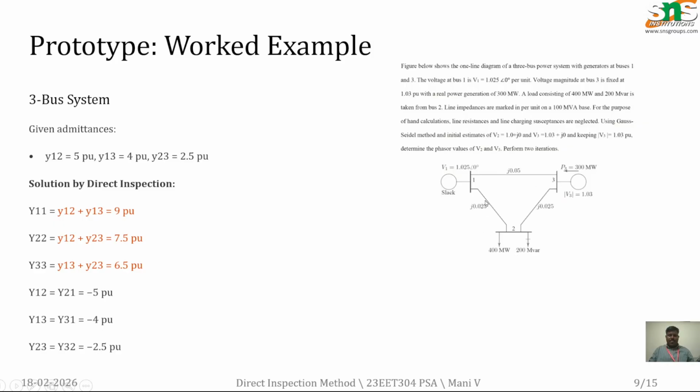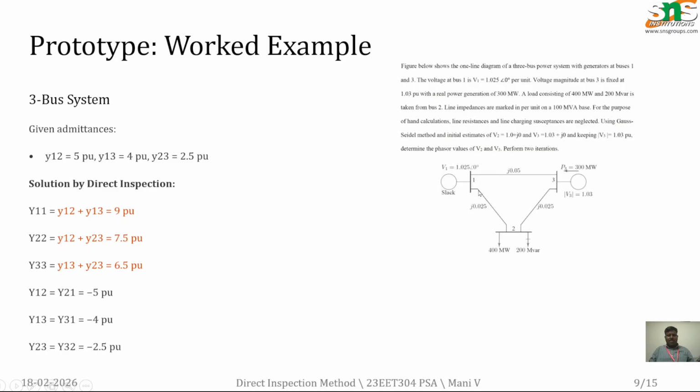So these are the branches or admittance values connected between the two buses. Here we have to take the admittance value y12, where y denotes the admittance between bus 1 and 2, which is 5 per unit. Like that we have to measure all the data.